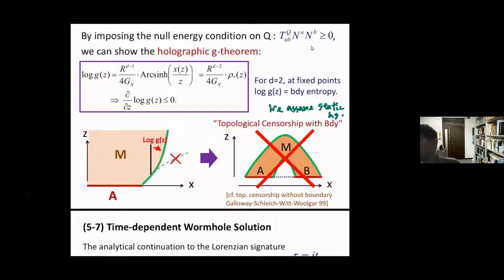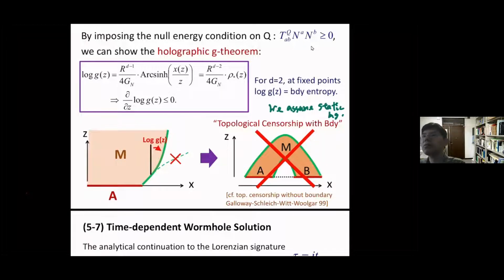But as you know, the null energy condition is violated because of quantum effects. And I'm not sure about the quantum null energy condition. We have QNEC, but I don't know what QNEC predicts in this case.